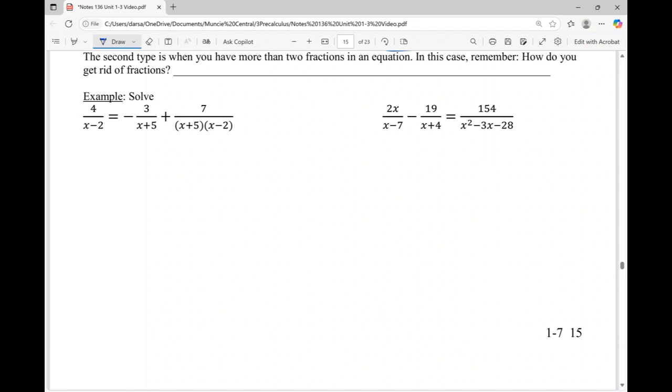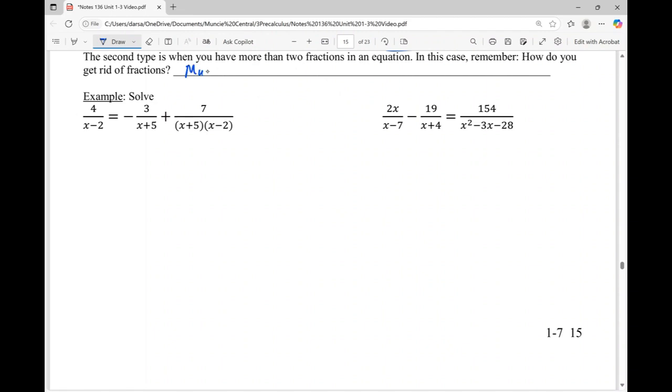I will warn you, these problems get ugly quick. The good news is they get really ugly and then they get really pretty. So let's see how these are going to work. The second type of rational equation is when you have two fractions or more than two fractions in an equation. In this case, how do we get rid of fractions?